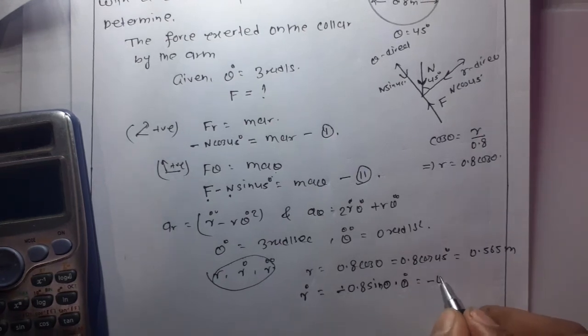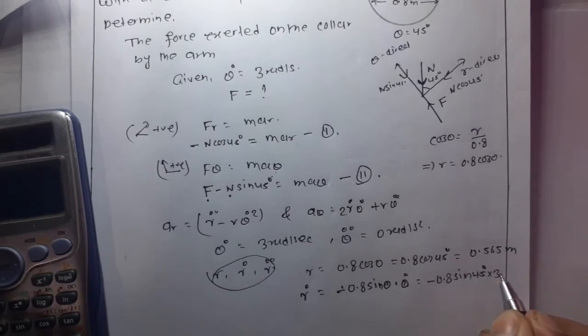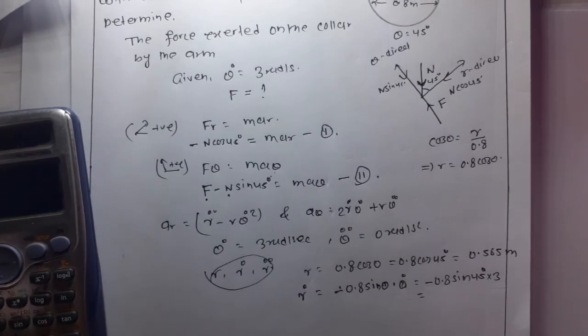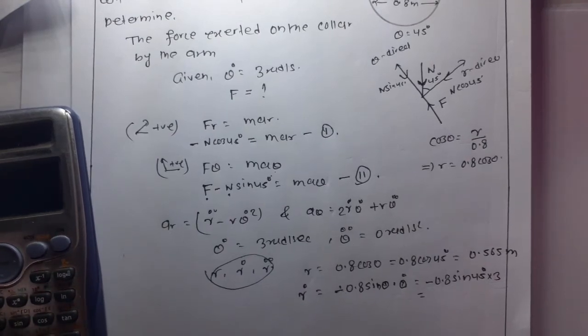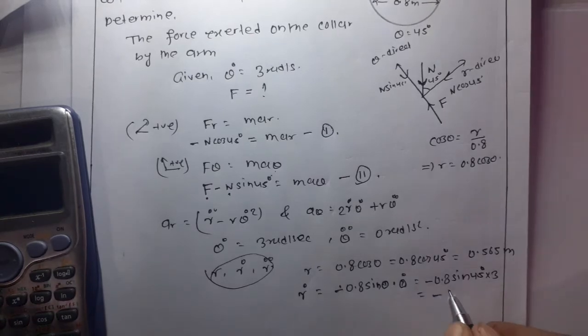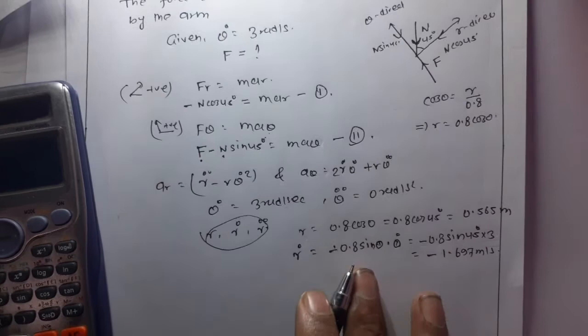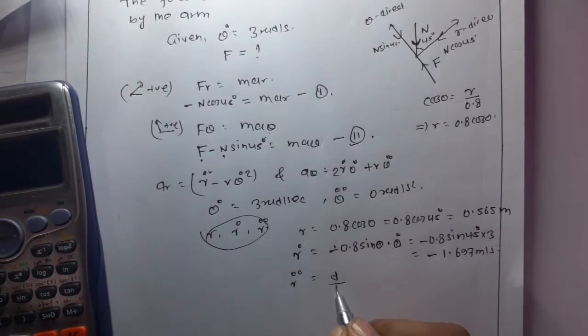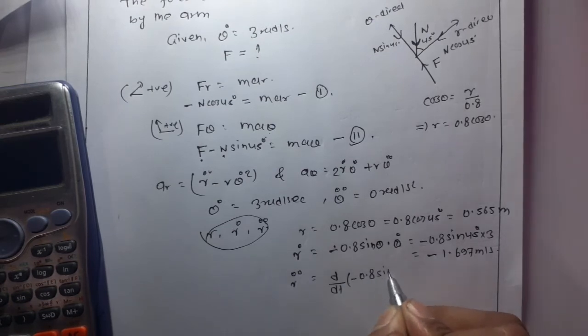So this is minus 0.8 into sin 45 degrees into theta dot, which is 3. So this is minus 1.697 meter per second.